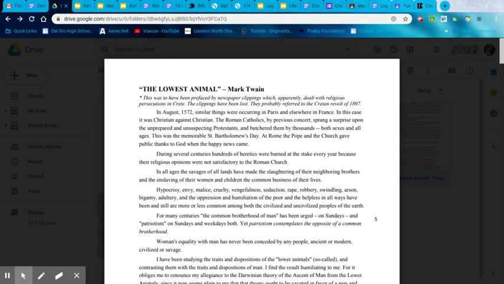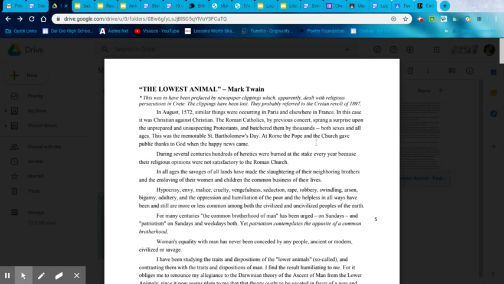The Roman Catholics, by previous concert, sprang a surprise upon the unprepared and unsuspecting Protestants, and butchered them by thousands. Both sexes and all ages. This was the memorable St. Bartholomew's Day. At Rome, the Pope and the Church gave public thanks to God when the happy news came.